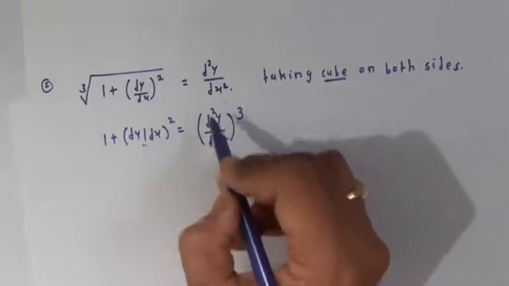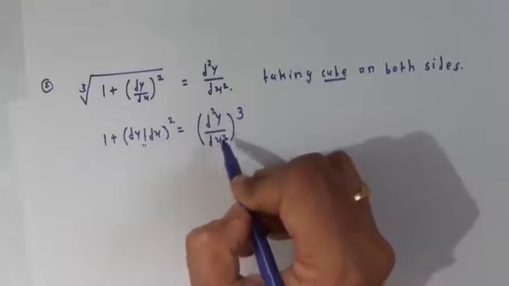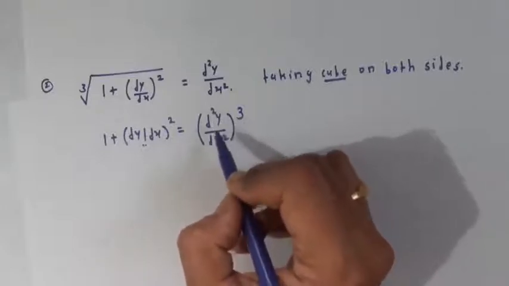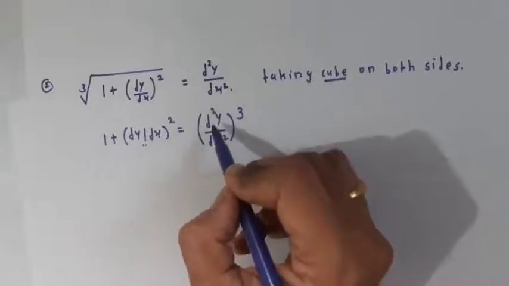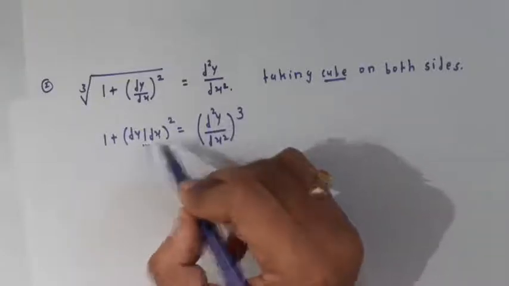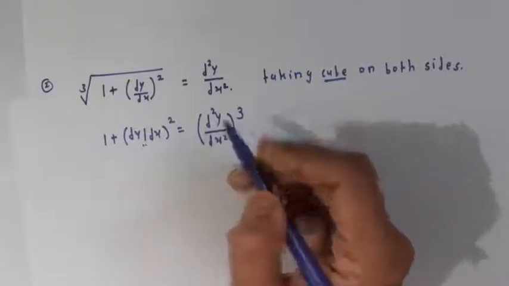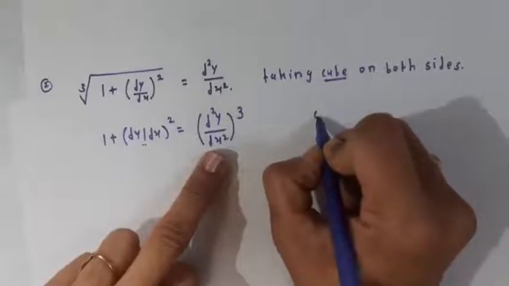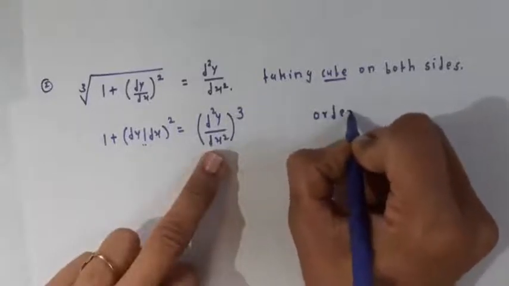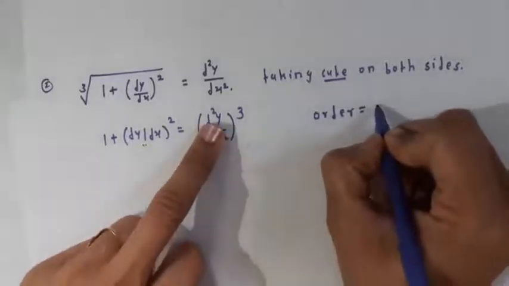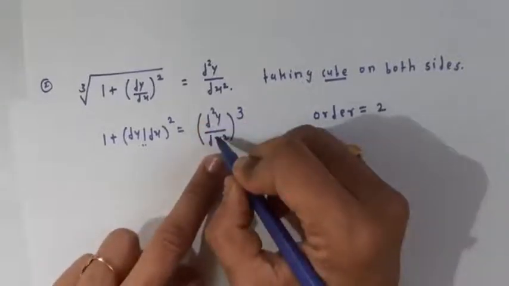So the highest order derivative is second order. Therefore order of this differential equation is 2.